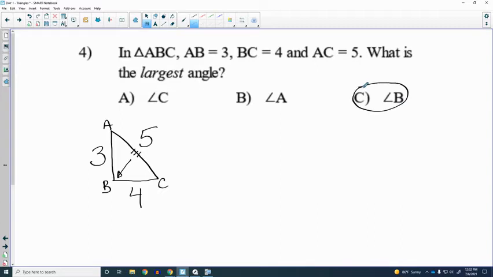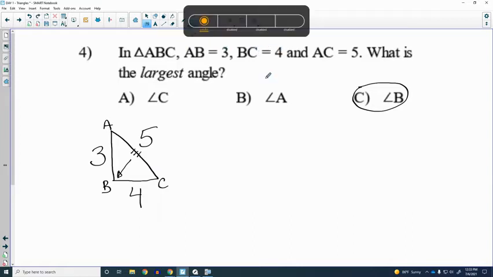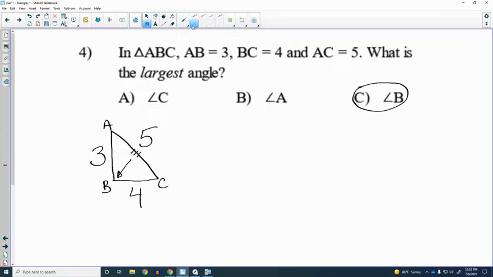And let me show you a little trick as well. When they give me triangle ABC and side AB, I ask myself, what letter is missing? And the letter that's missing is C. That means angle C is opposite AB. BC, I say, well, what letter is missing?